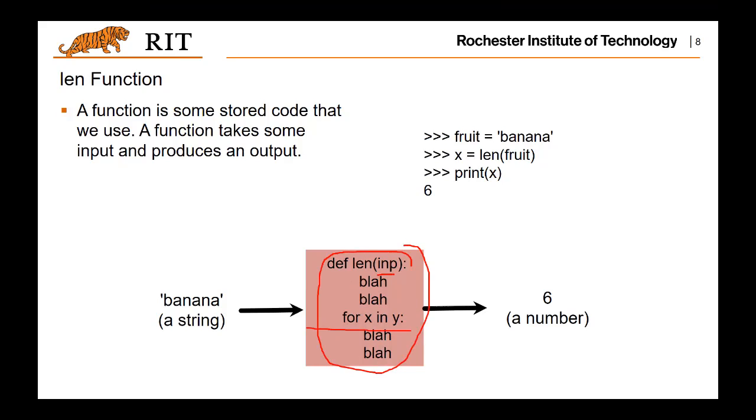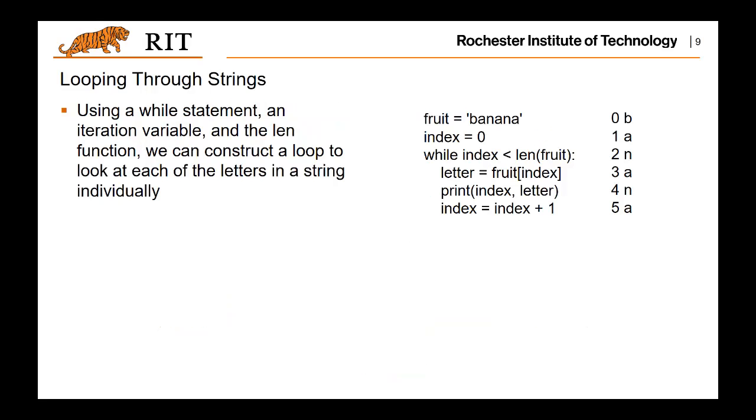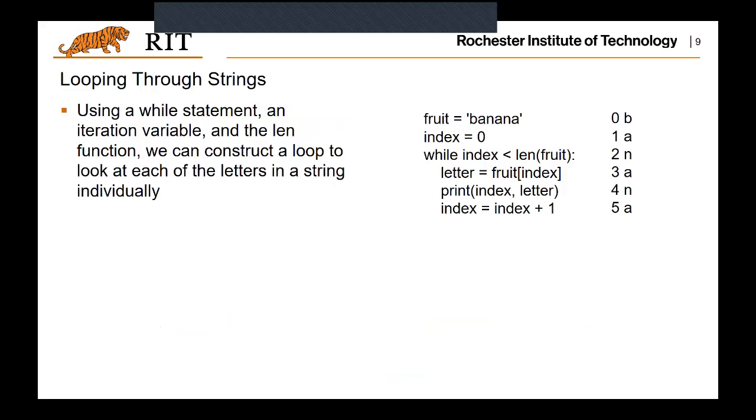With this len function, what we could do is loop through the array and utilize the information of the len function. How about we have a while loop? Basically, the constraint is this index cannot go beyond the length of a string minus 1.